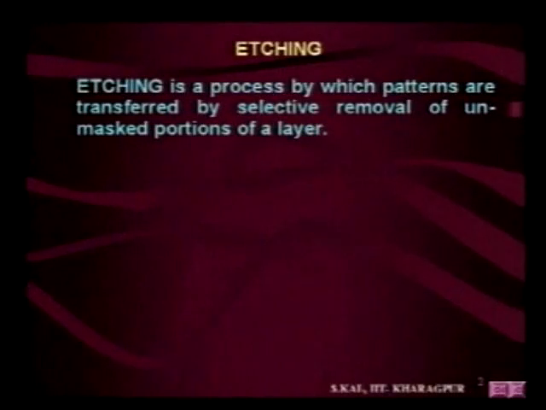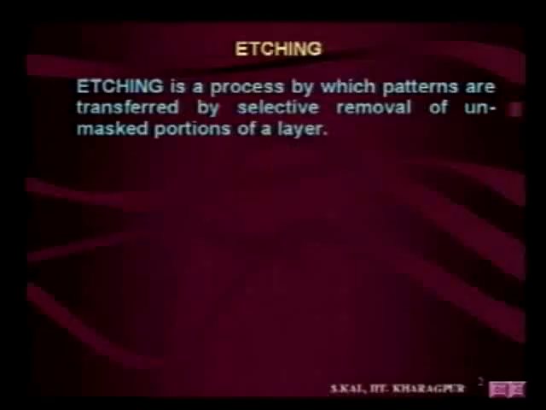Okay. So now in the etching process, we have to think of an etching medium. That medium should not react with the mask material. Mask material in this particular case is photoresist, but it may be other also.